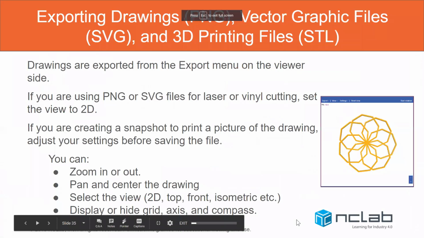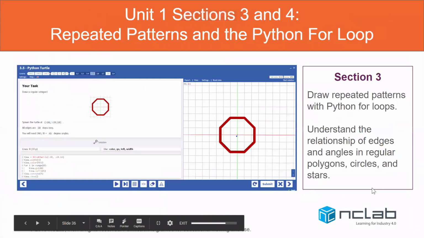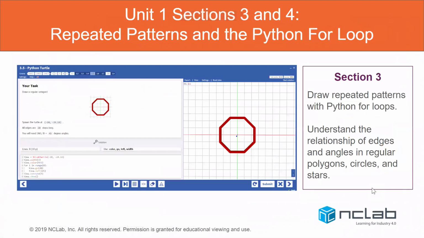All right. So I went into a lot of depth on sections 1 and 2 because really they're the foundations for everything else. If you're comfortable with drawing lines and turning angles and manipulating the line and making files out of it, then the rest falls into place.